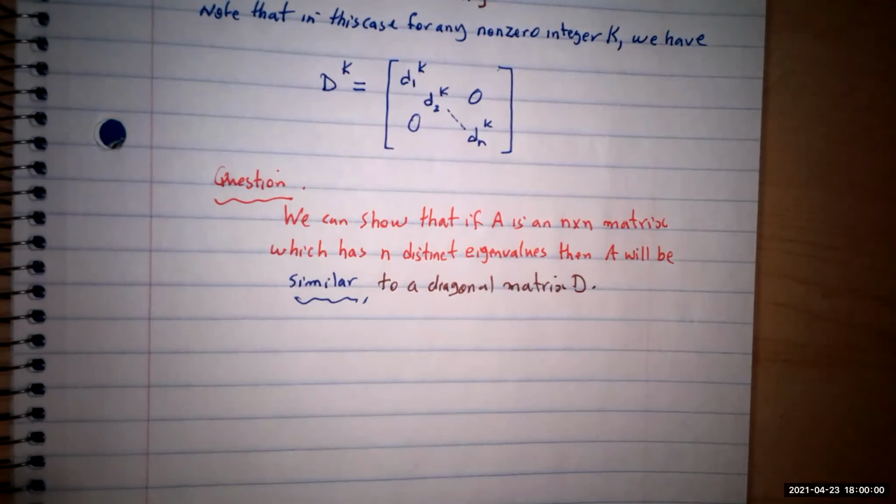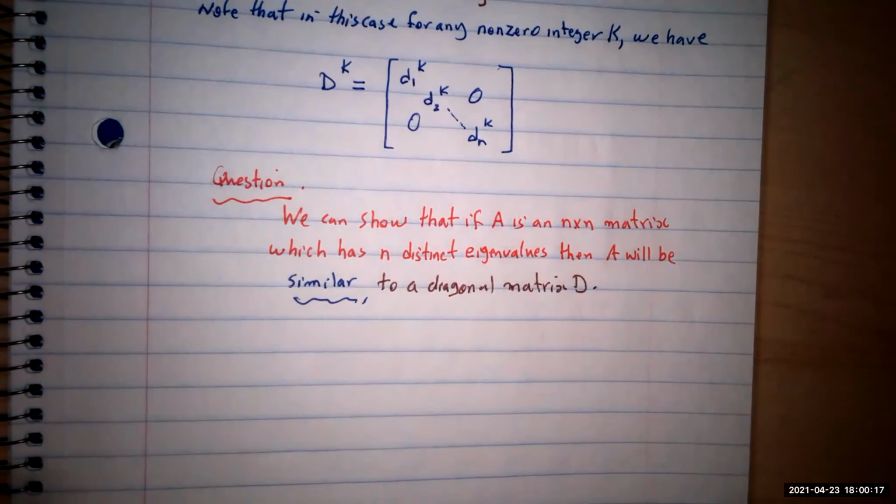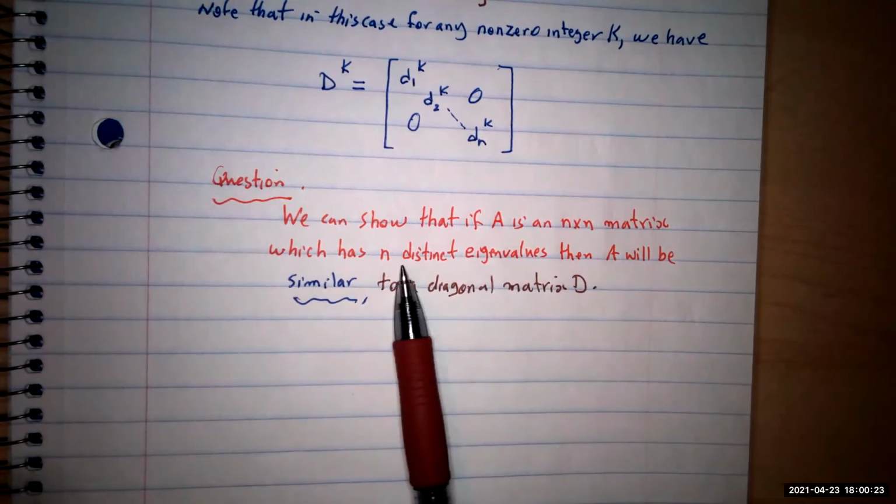So what does it mean by the similar one? Let's see if we can make this one better. Okay, a little bit better. So that's the idea of this argument, and that's where the eigenvalues are coming from.